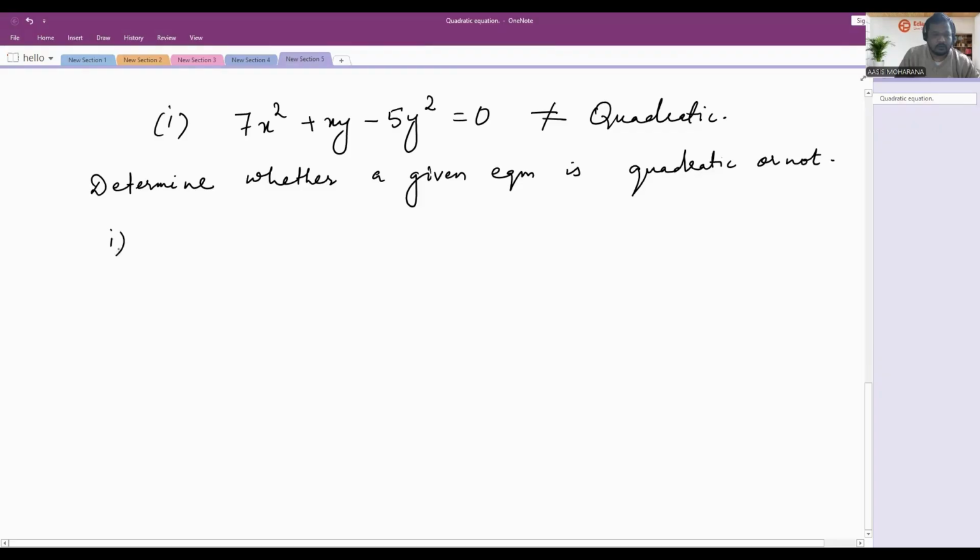Number one, x square minus 6x plus 4 is equal to 0. Have a look. Here, what is the highest power? 2. Is there any other variable involved in it? No. Is it in the form of ax square plus bx plus c? Yes. So it is a quadratic equation.